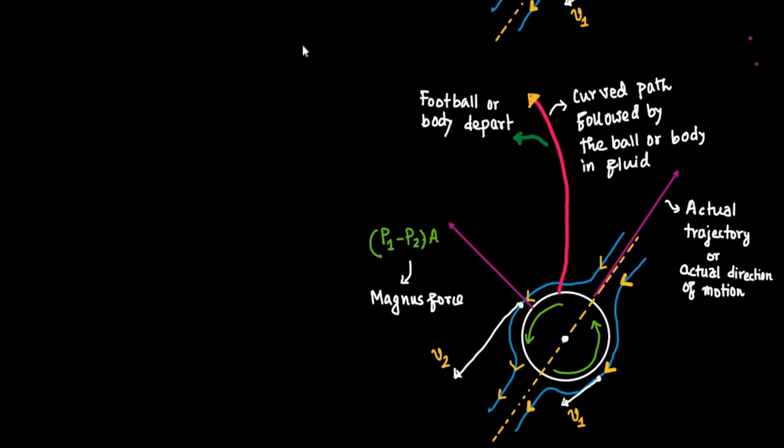Here the football or body departs from its actual trajectory due to pressure difference acting on the two sides of the football, as different layers of air are flowing on the two sides of the football with different velocities.